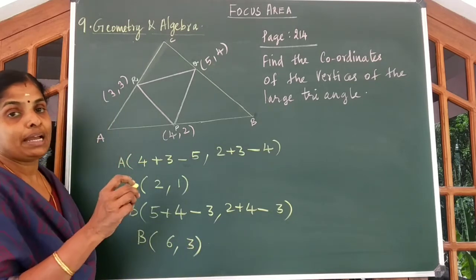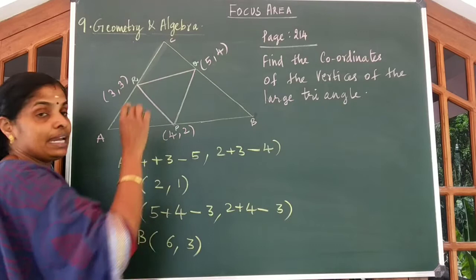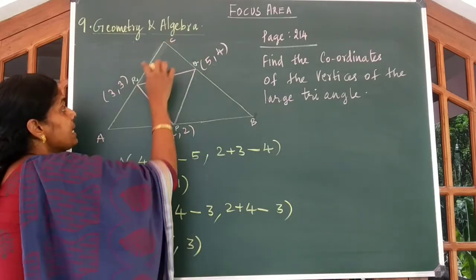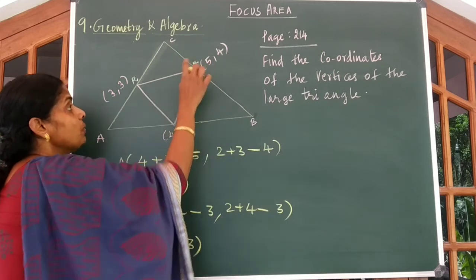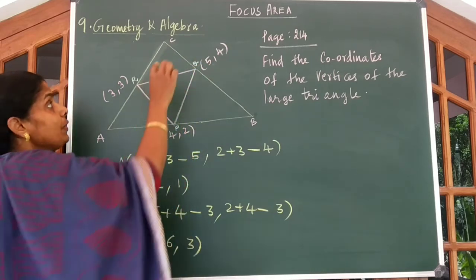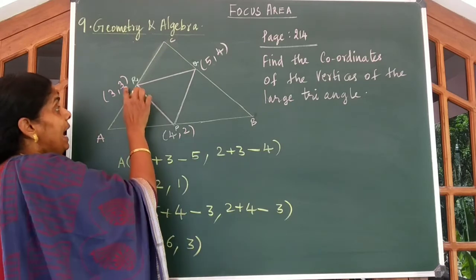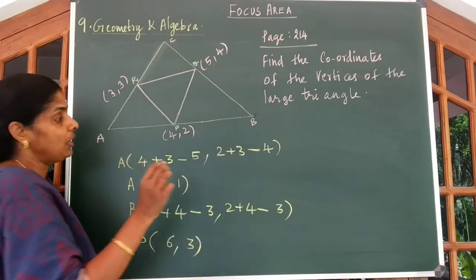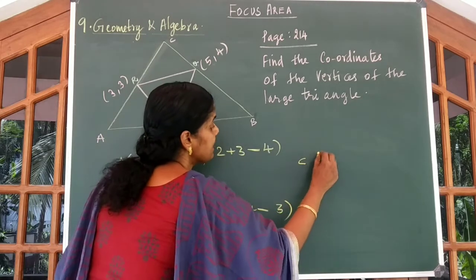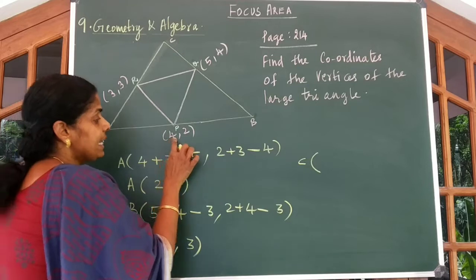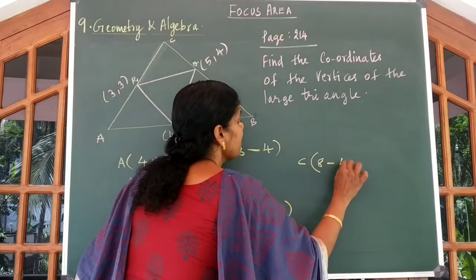Use the same idea to find the coordinates of C again. From the figure you can understand C, R, P, Q is a parallelogram. So to get the coordinates of C, add diagonally first of all. So we can write the coordinates of C as 5 plus 3, 8, 8 minus 4.